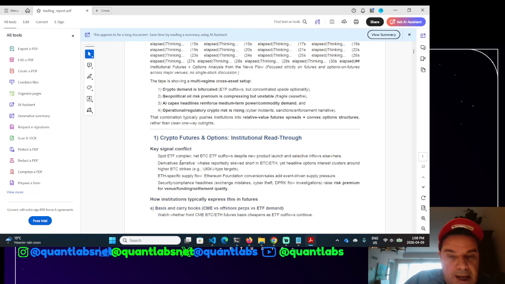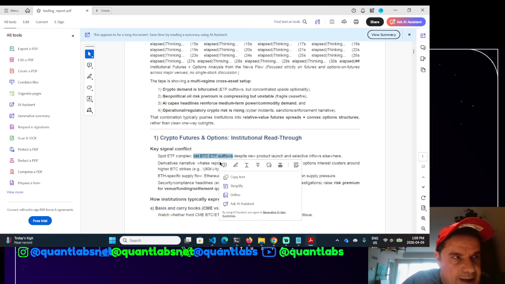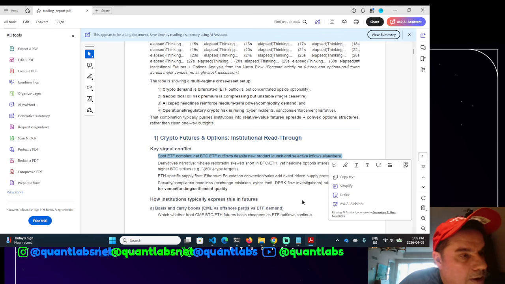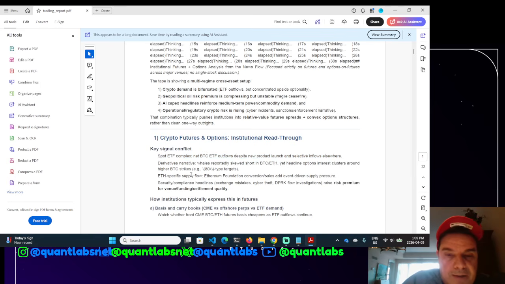And then it'll also look at the overall spot ETF complex, comparing the ETF inflow and outflow into ETFs, namely IBIT and others, despite new product launch and selective inflow elsewhere. This is what drives the price of Bitcoin. Institutions, because they're driving the volume now, like it or not.